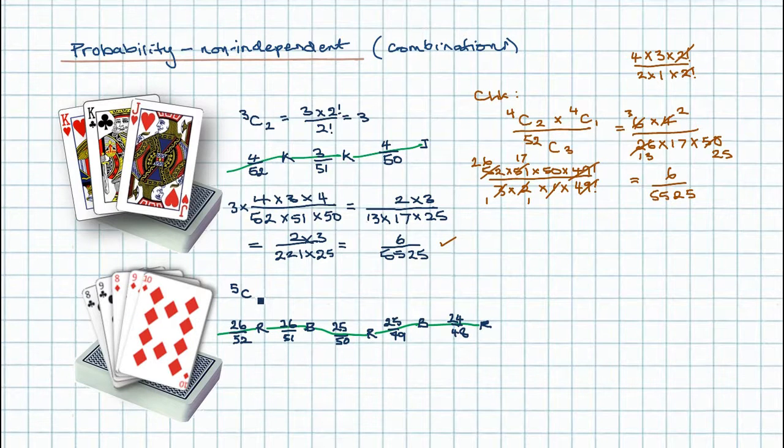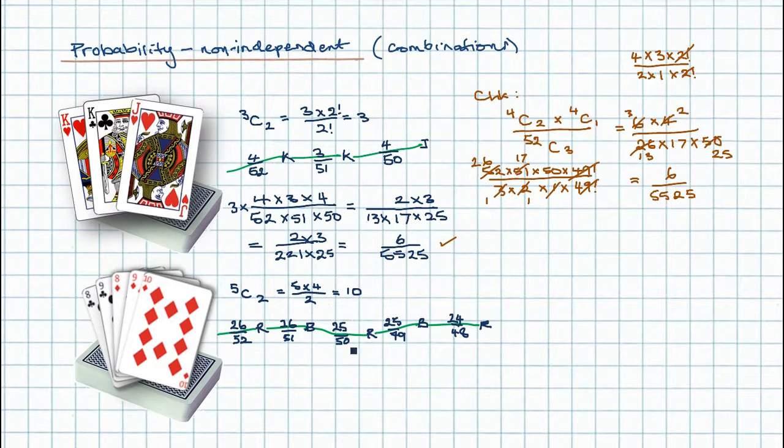So 5 choose the 2 black cards, let's say, is going to equal 5 times 4 times 3 factorial in the numerator, and then 3 factorial times 2 factorial in the denominator. So that's going to come to 5 times 4. The 3 factorial will cancel, and then the 2 factorial is just going to be 2. So number of combinations is 10. 5 choose 2 equals 10.